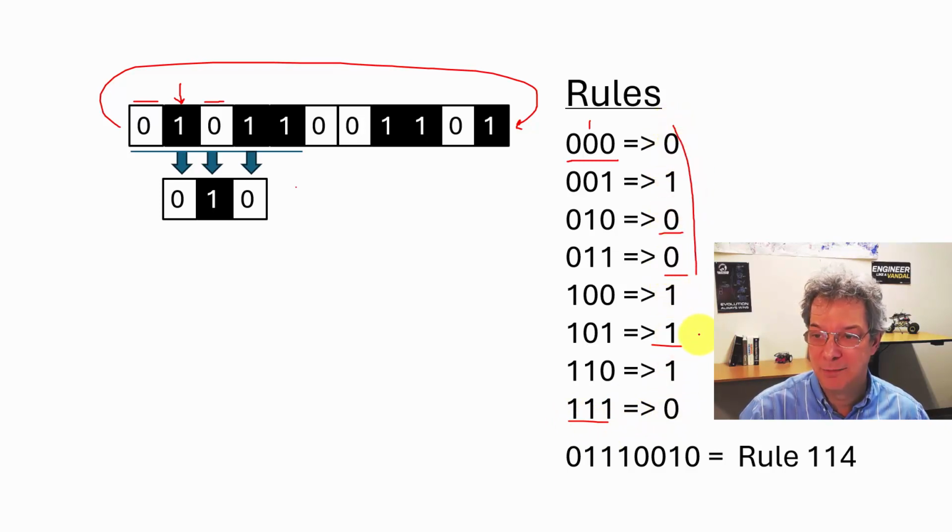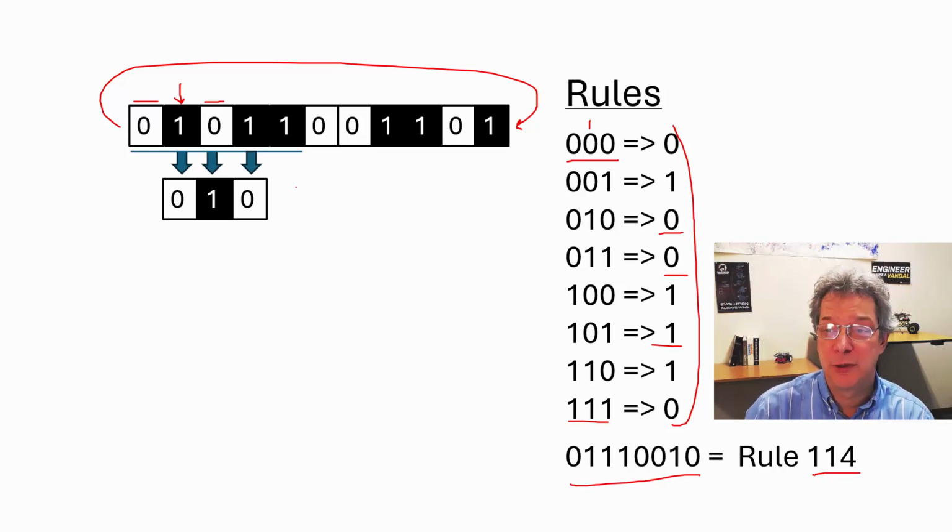So it's this column. And if we look at that as a binary number, that gives us 114. So this can be referred to as rule 114. And all of our binary cellular automata with a neighborhood of one cell on either side has a numbered rule.